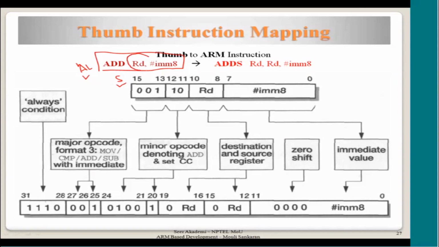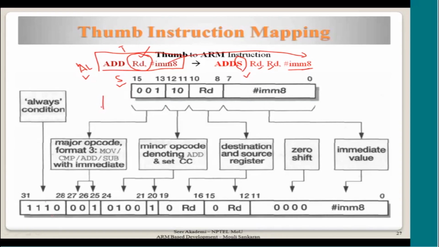I also said one more thing: 2 operands instead of 3 operands in Thumb state. That means one of the operands is the same as Rd, so Rd is there in 2 places, and the immediate operand is exactly the 8 bits coming here. S is added because the S bit is always there, and it is always executed.